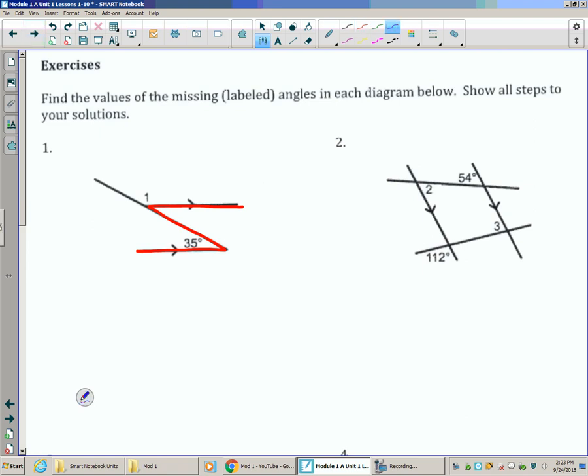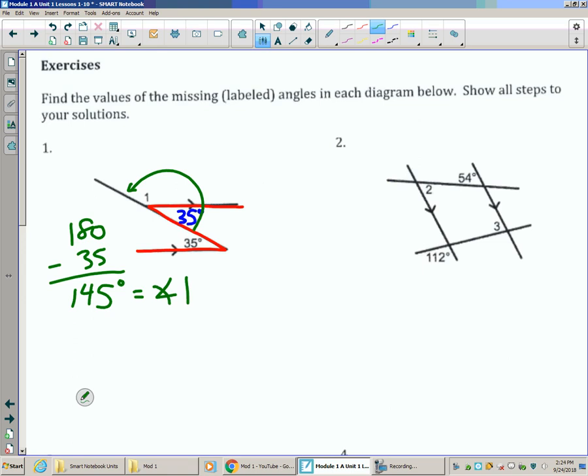So if the angle down at the bottom here is 35 degrees, this, because of alternate interior angles, is also 35 because the lines are parallel. If this angle is 35 degrees, these two angles are angles on a line or supplementary angles. So if we do 180 minus 35, we're going to get angle 1 is 145 degrees.